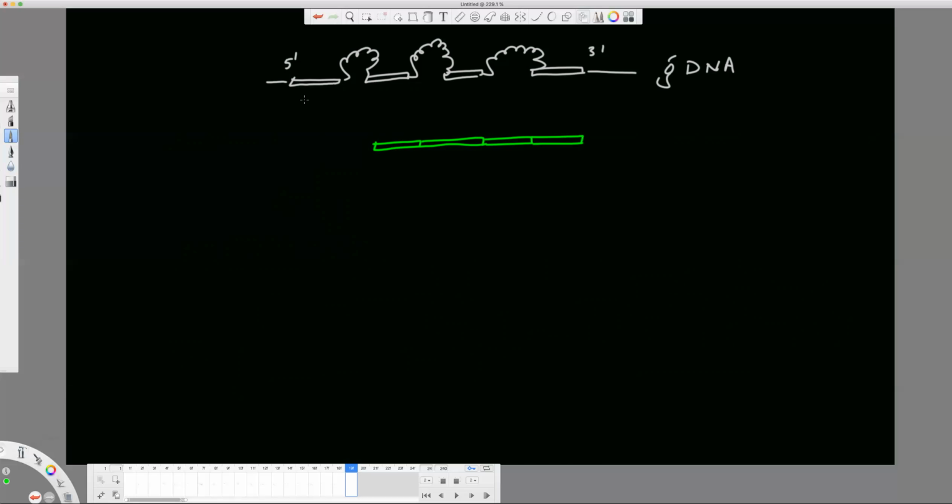So this is my exon 1, exon 2, exon 3, exon 4. Now they are together, right? This was my intron 1, intron 2, intron 3. So this is what we got after transcription plus splicing.